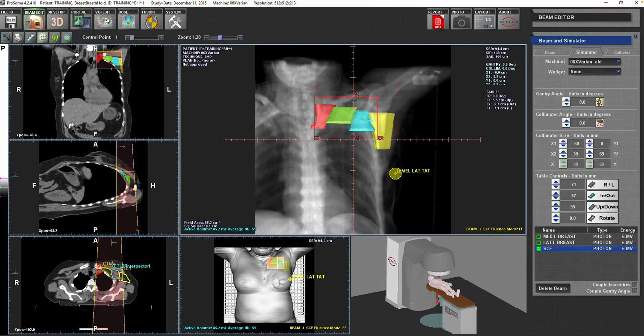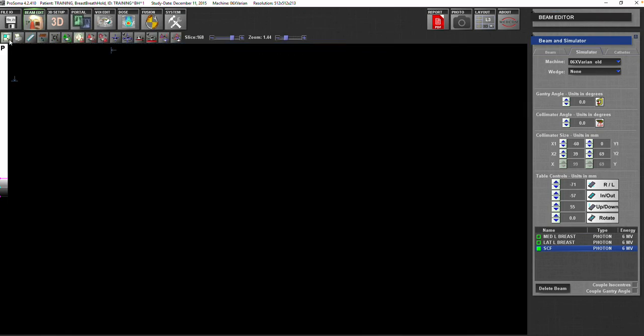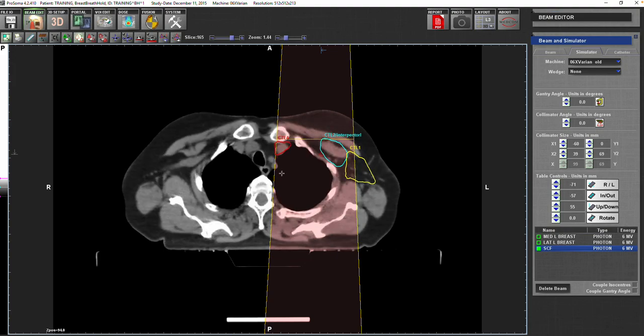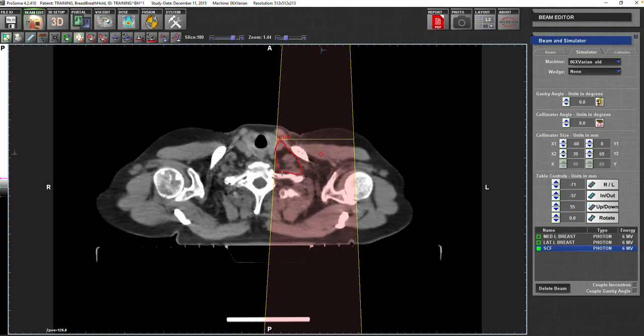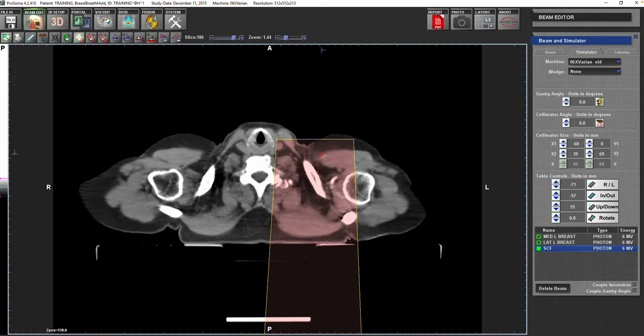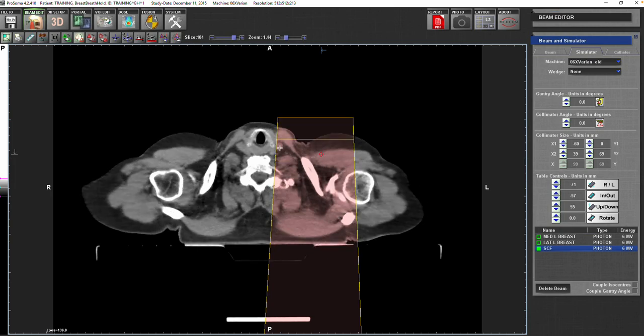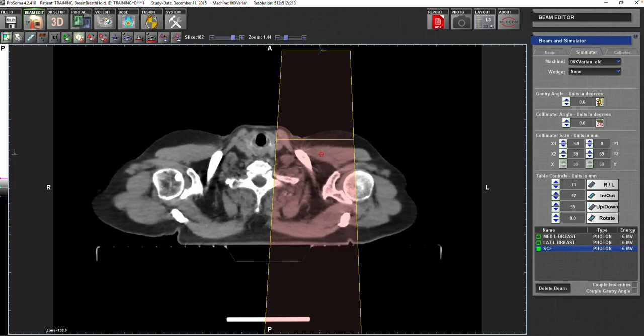The other way of doing things is that you work RTOG-based, which is talking about the upper border being at the cricoid cartilage. So the CTV for the RTOG is at the cricoid cartilage.